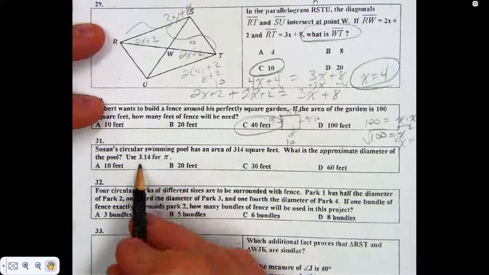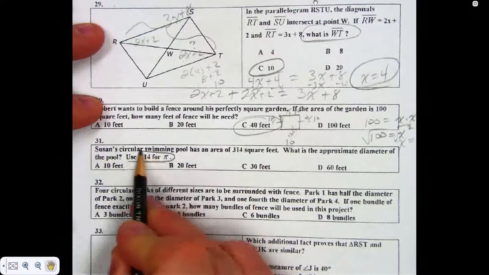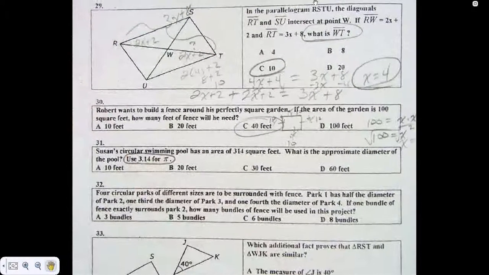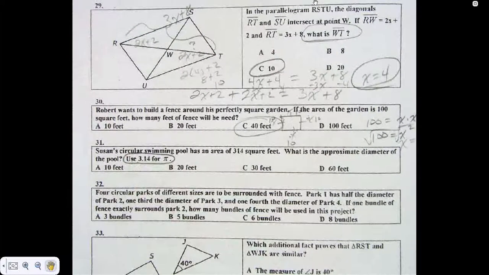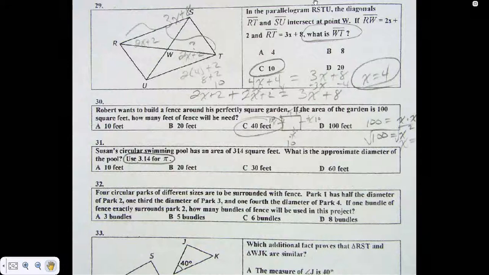Here's another thing. I've told you guys, on a test, if they tell you to use 3.14, do not use the pi button. Use 3.14. But think about it, guys. What did they tell you to do? Use 3.14. So what do they want you to do? Use 3.14 instead of 3.142, whatever.